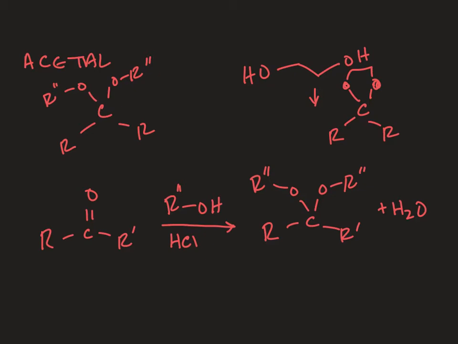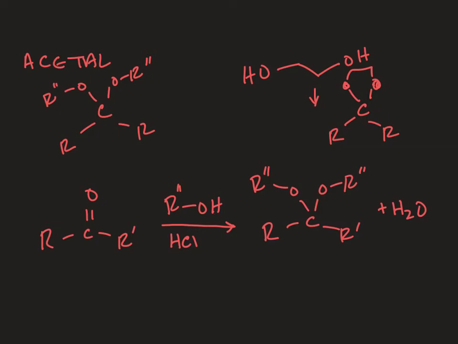One reason for doing this is, as you'll see in the mechanism in a minute, this is a little bit faster because the second alcohol that it needs to react with is right there, because it's already attached to the starting material. This reaction is reversible with acid. That's how we would remove a protecting group.